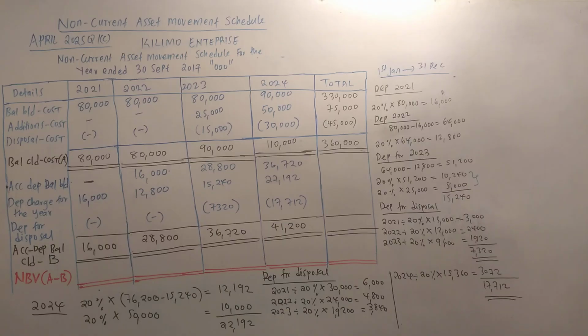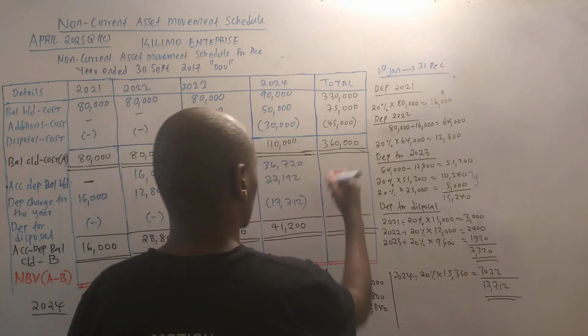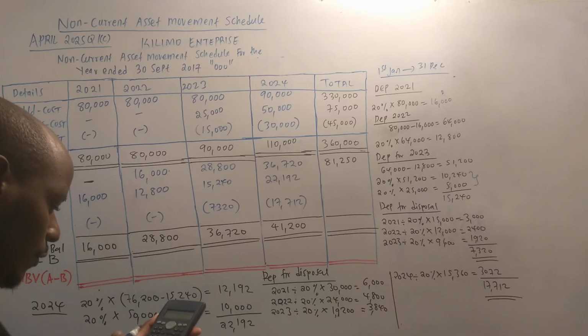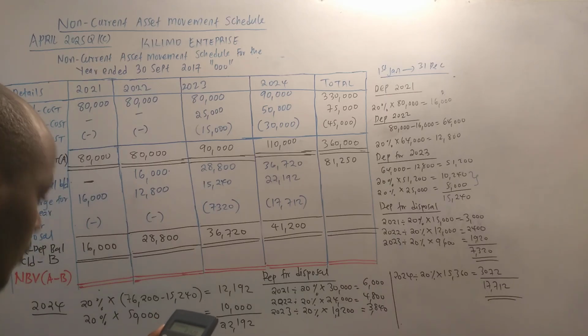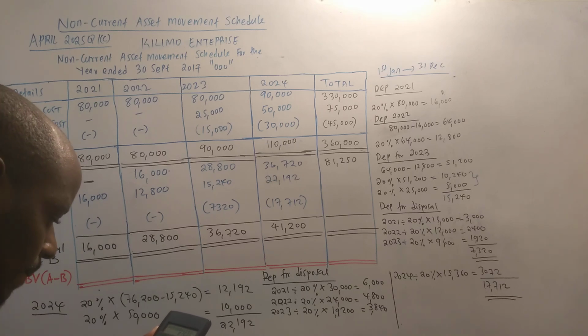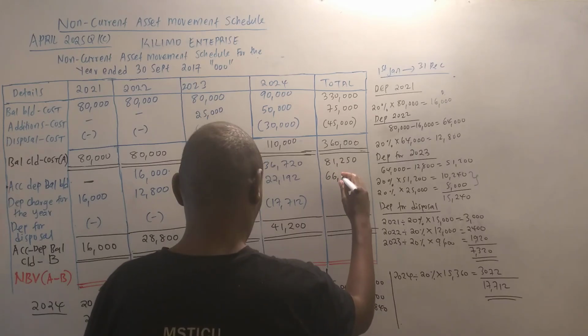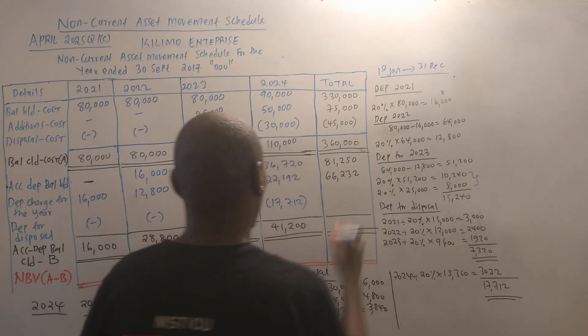Let's see the total. 16,000 plus 28,800, plus 36,720. So let's say 81,250. Then you have 16,000, 12,800, then 66,232.